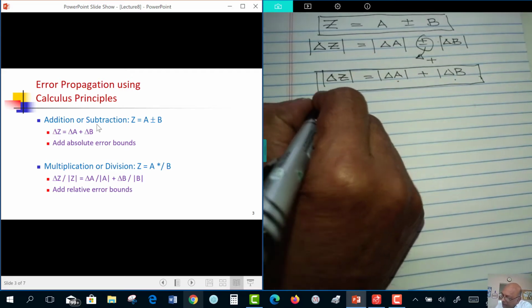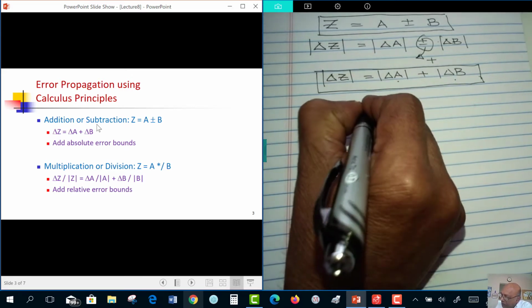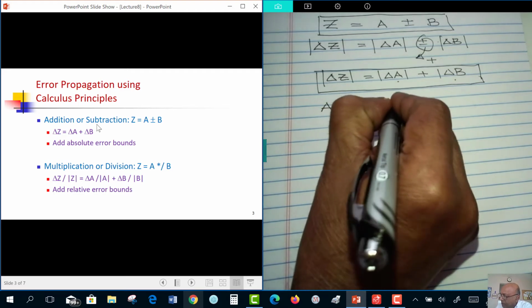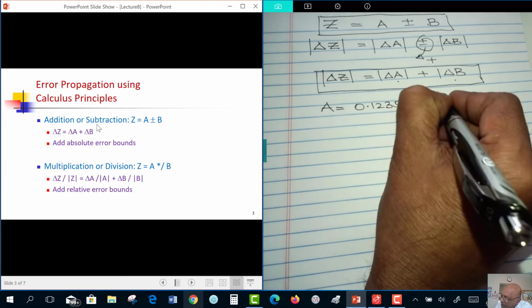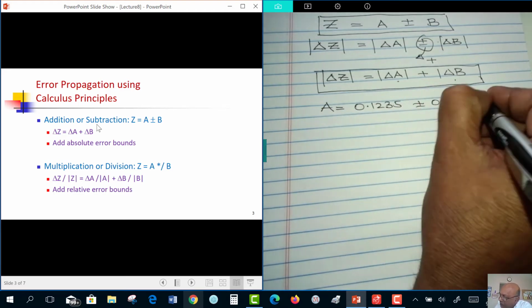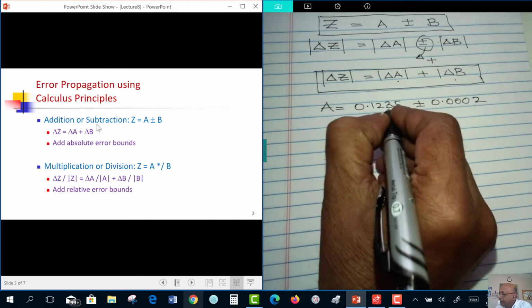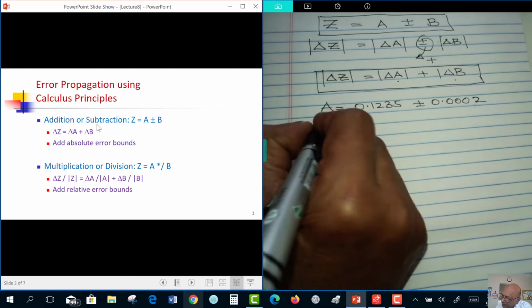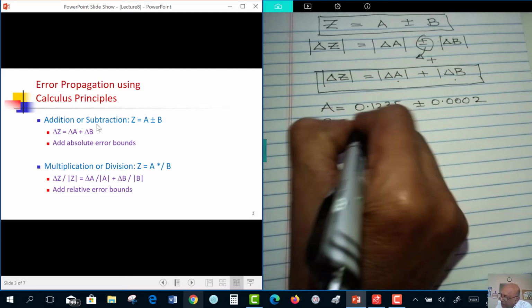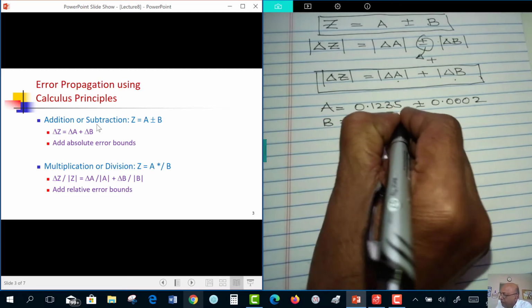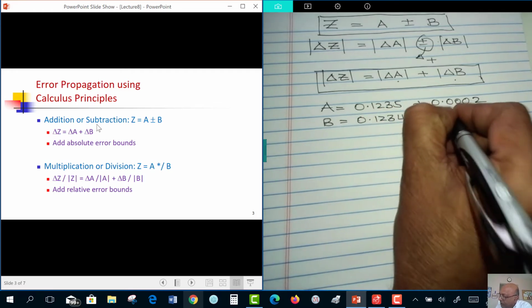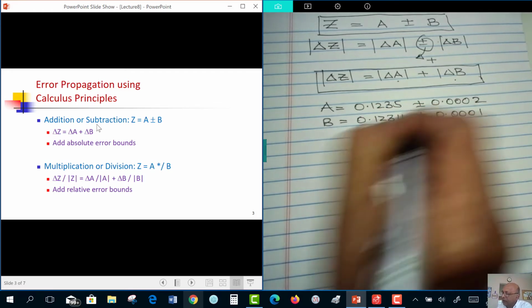Let's suppose our A was 0.1235 plus minus 0.0002. So we had 3 to 4 significant digits. Let's say B is 0.1234 plus minus 0.0001.